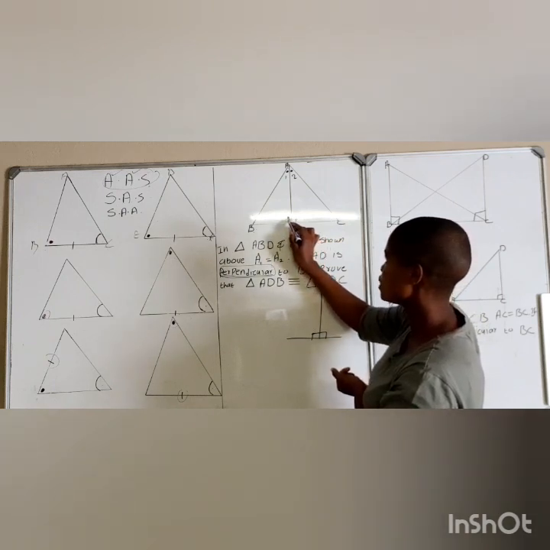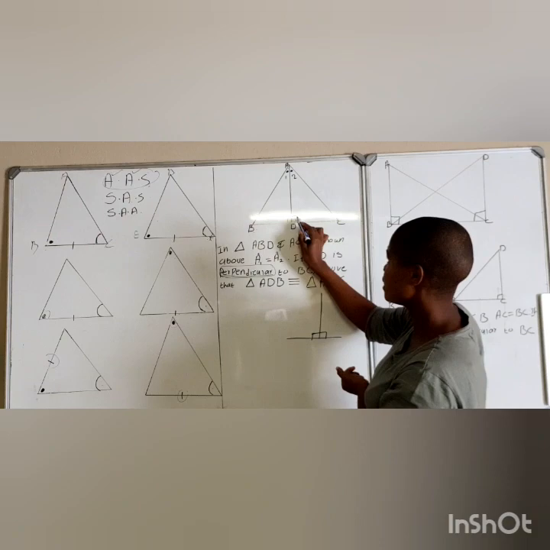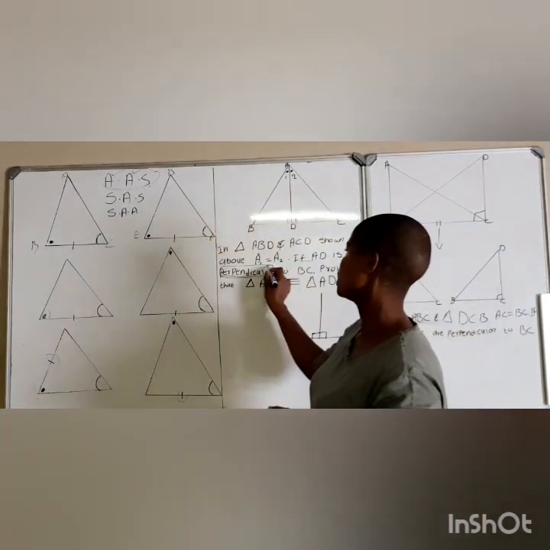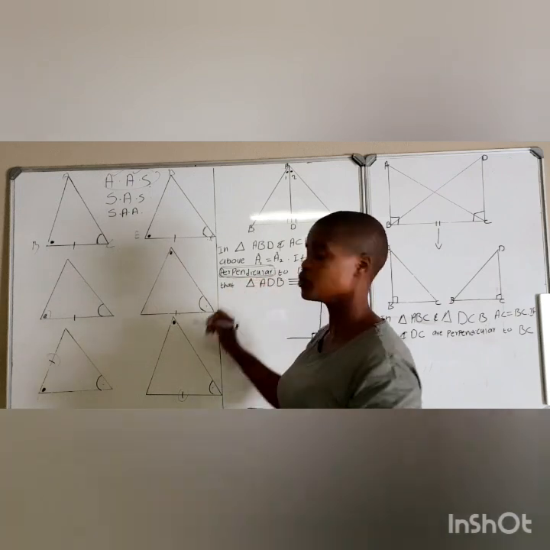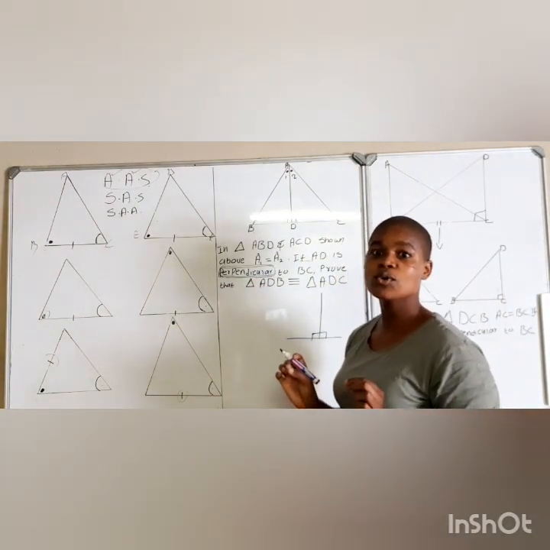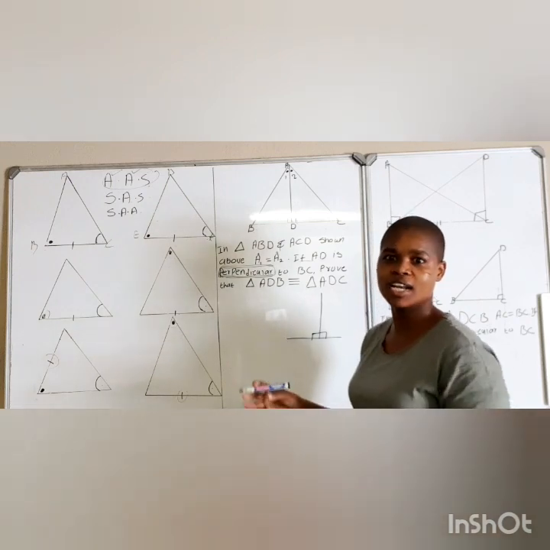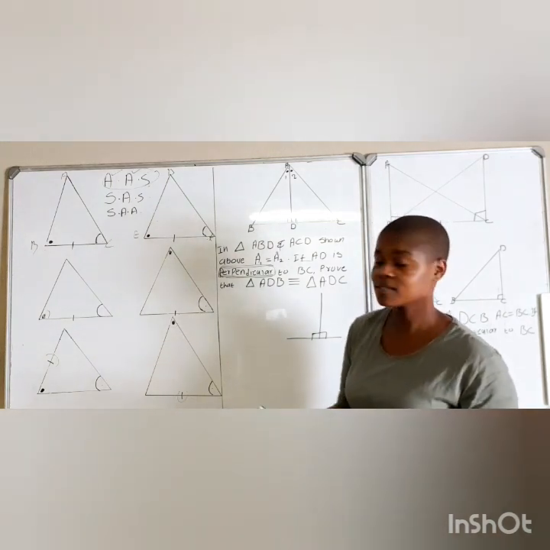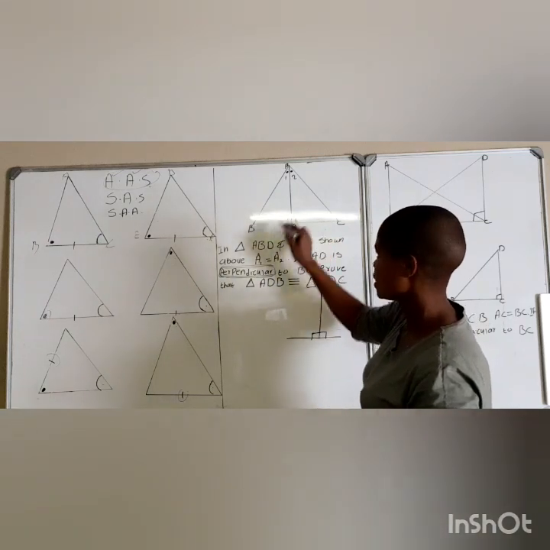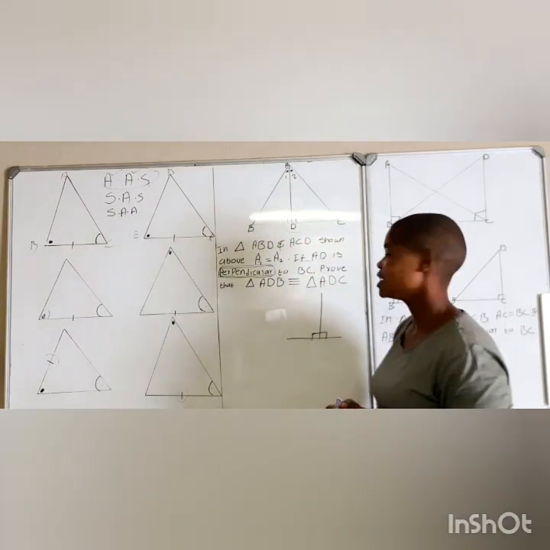You can see that we've got 90 degrees there and 90 degrees there. Being given information like this is very important, guys. You must be excited, because now you already know that a particular angle is equal to 90 degrees, which in this case, angle D1 is equal to 90 degrees.